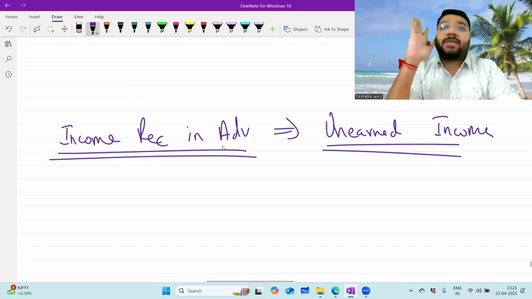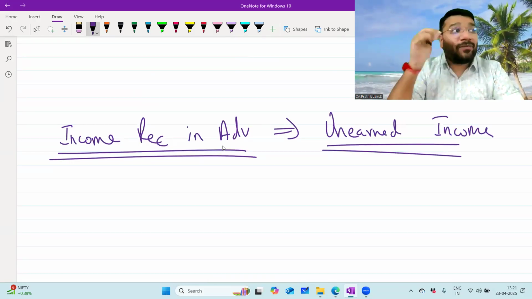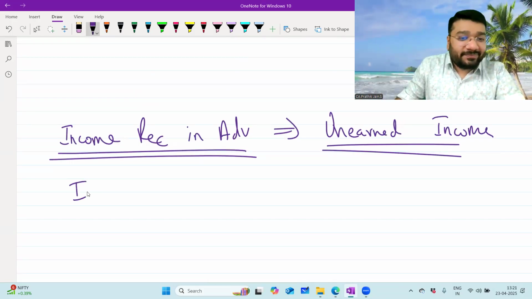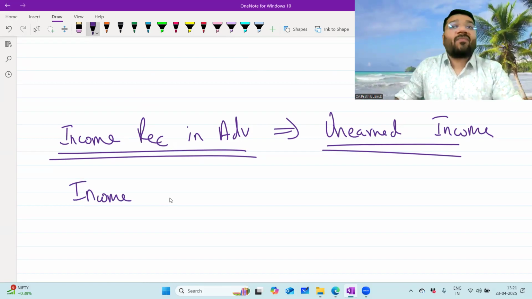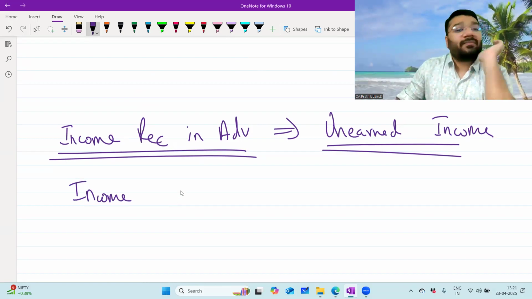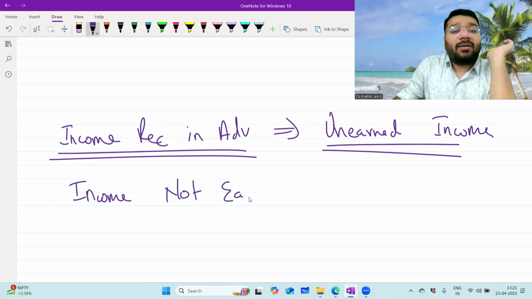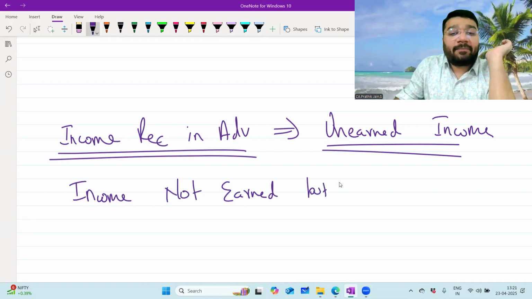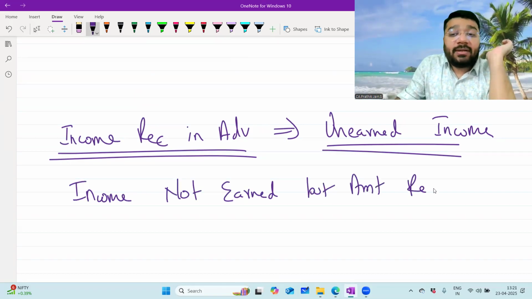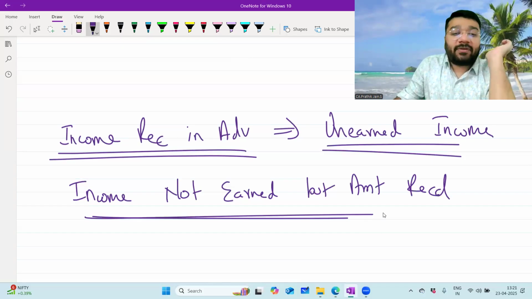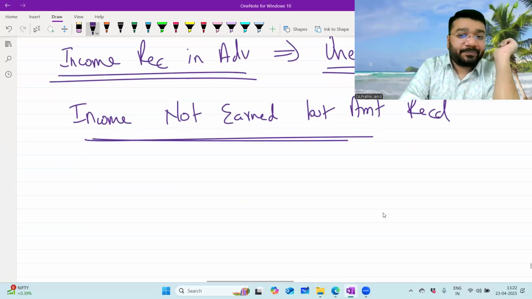Now, 3 concepts done. Based on that, tell me the description of this. Income not earned. Very good. But amount received. Income not earned, but amount received.